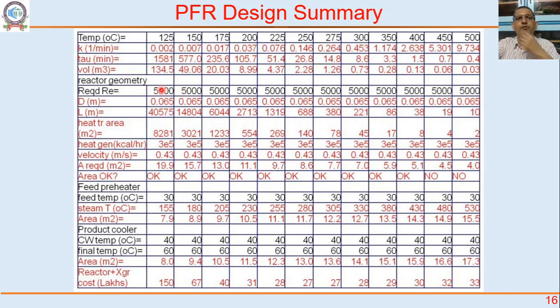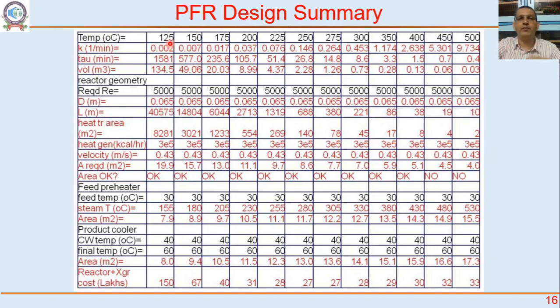We need 5000 Reynolds number. To get to this volume, and I know the flow rate, I can decide what is my reactor diameter to get to this Reynolds number. I know the volume, I know the reactor diameter. Can we not find length?